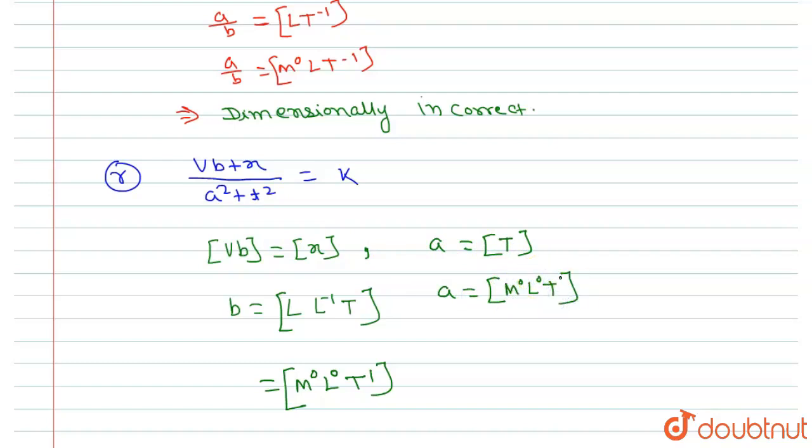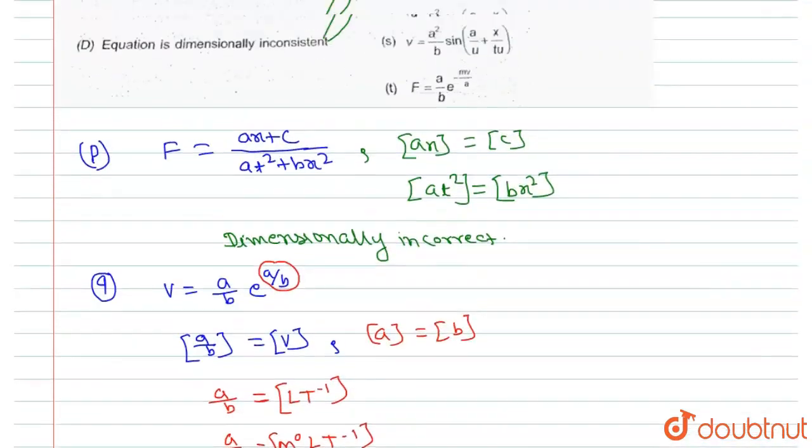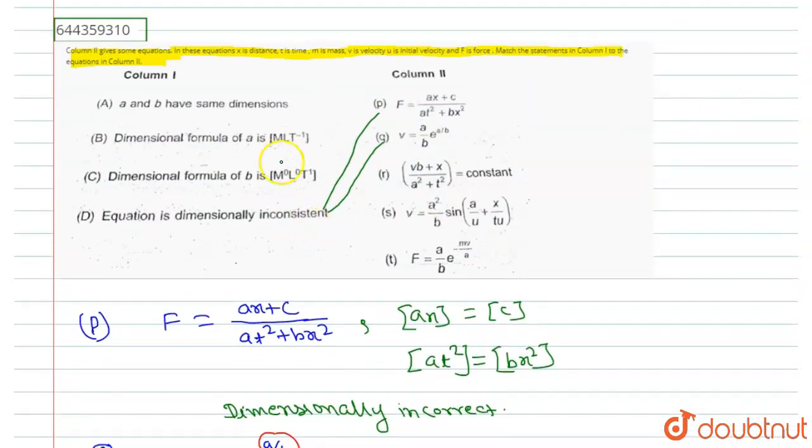Clear? So from here we can see that the dimension of A and B is the same, and this is equal to M0 L0 T1. So this part we can match with this. Yes, the dimension of A and B is the same, and the dimension of B is also equal to this M0 L0 T1.